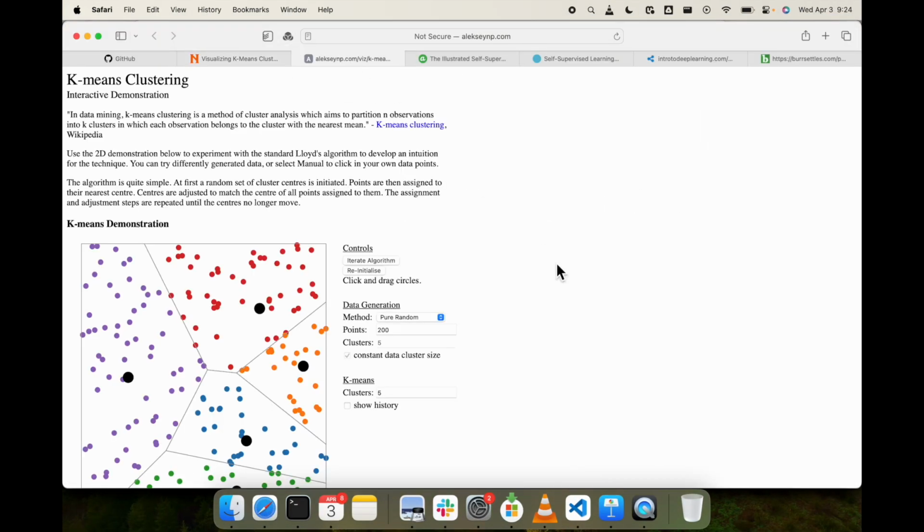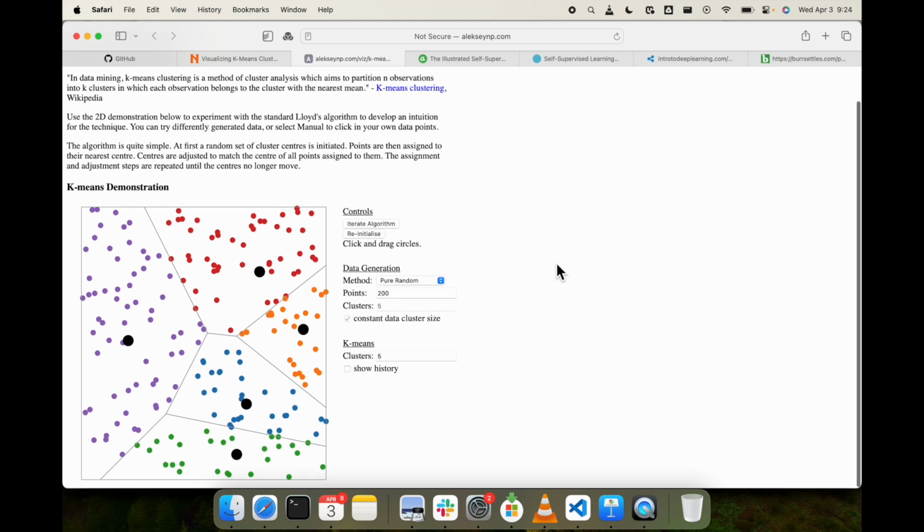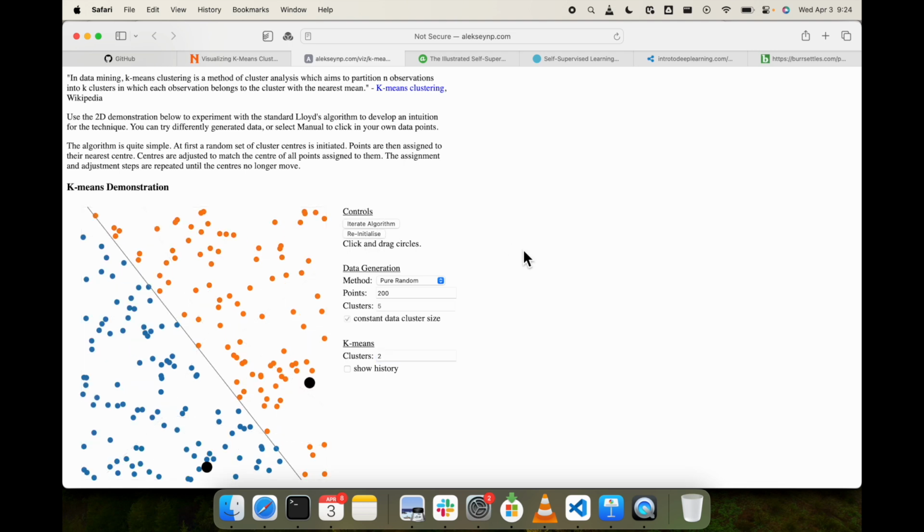There is another nice demonstration that you can take. If I just do 2 clusters and iterate over the algorithm, you'll see how the colors keep changing and the distinction between the 2 clusters also keeps changing.